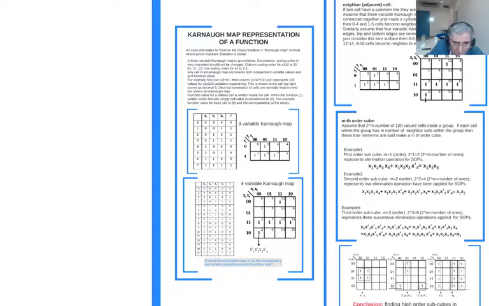So if we count now the number of ones here, 1, 2, 3, 4, 5, 6 ones we've got in this function. You can check these positions, these cells have the value 1, and the corresponding row function values are 1 as well. How we are going to use the Karnaugh map is the next step. So that's the end of this video.